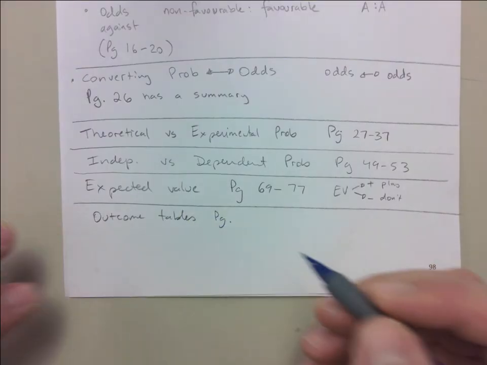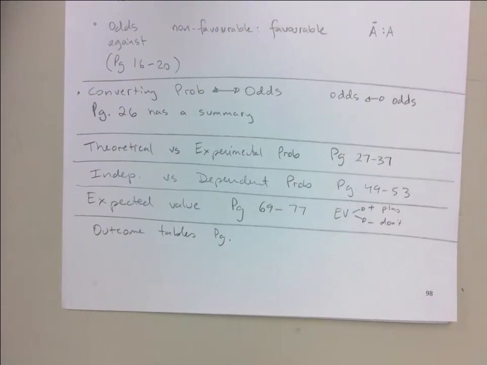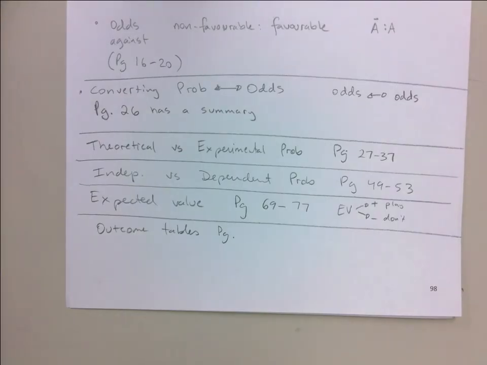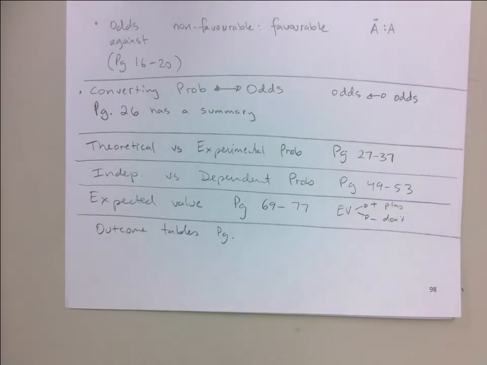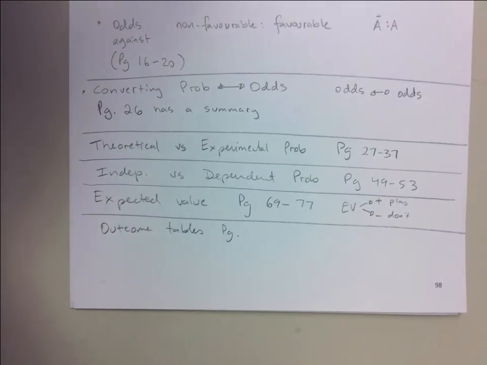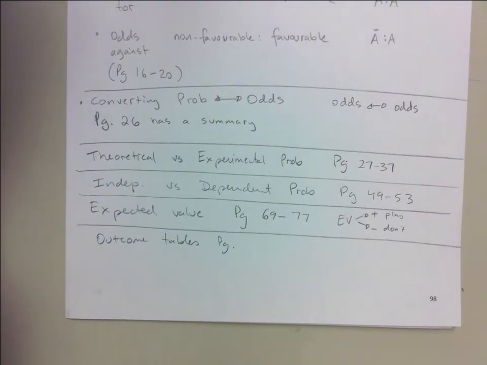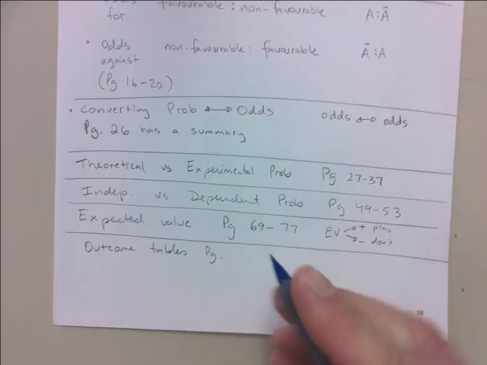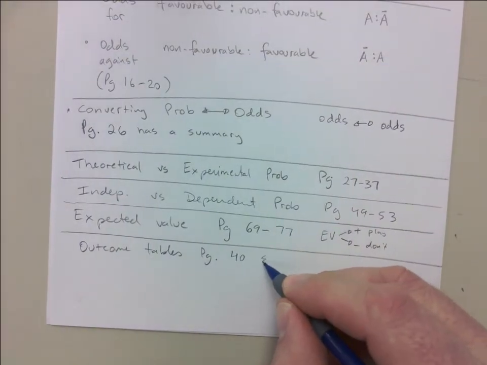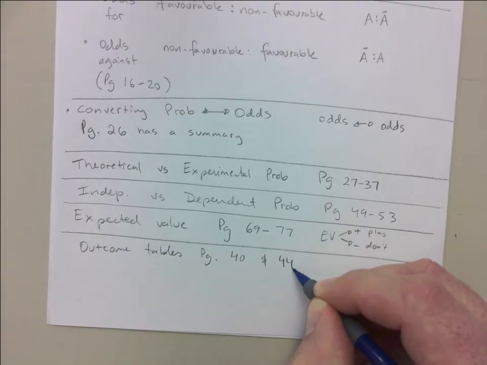I have to check the page because I didn't do all of those. I just showed you 2 examples for outcome tables. Page 44, I did one, and page 40. Pages 40 and 44 cover that.